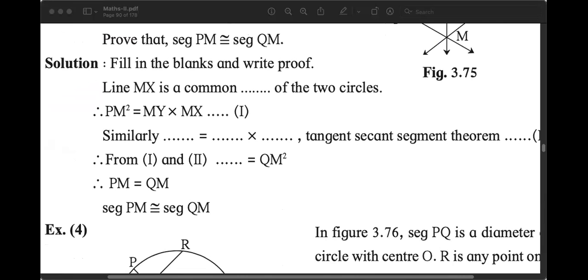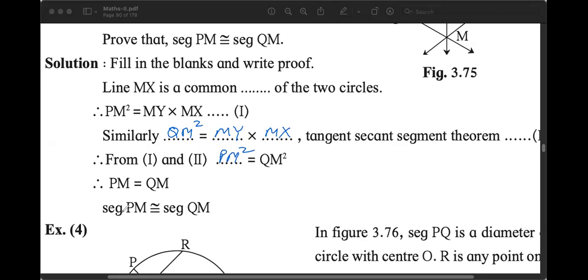So what did we have to write? What do we need to write to make this complete? All we have to write is QM square equals MY into MX. Therefore, from 1 and 2, PM square equals QM square.